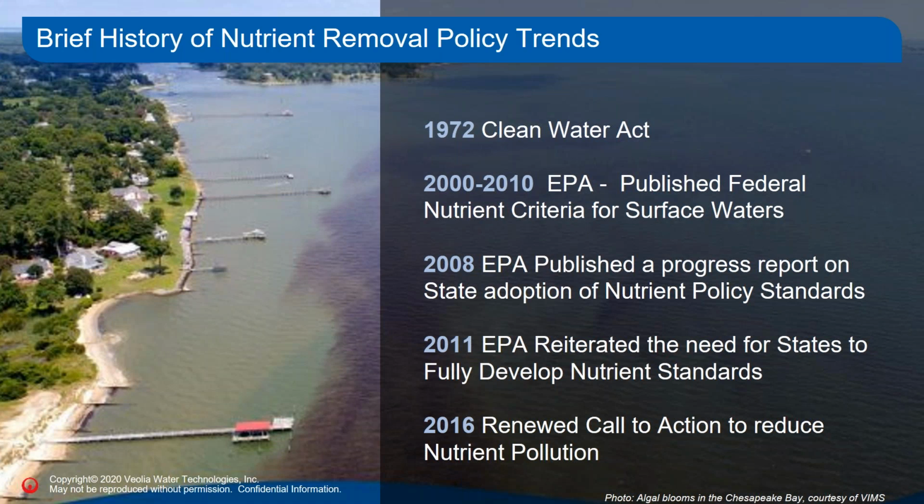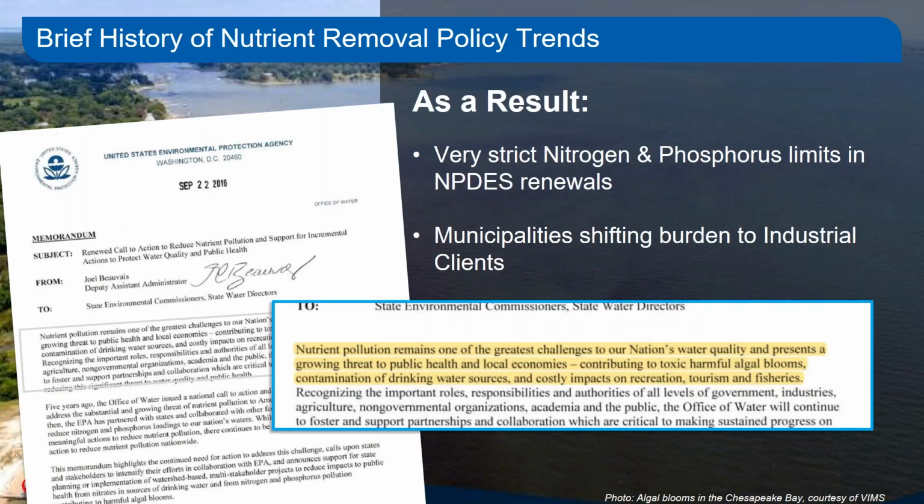And as of 2016, there was a renewed call to action to reduce nutrient pollution, because as time progressed, EPA realized that we're addressing the carbon pollution relatively well, but nitrogen and phosphorus, defined as nutrients, the permits have been a little bit more lax, and now they're getting tighter and tighter.